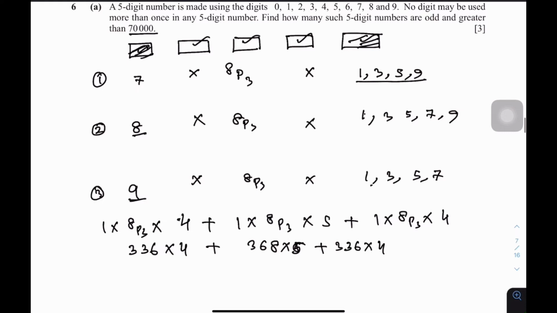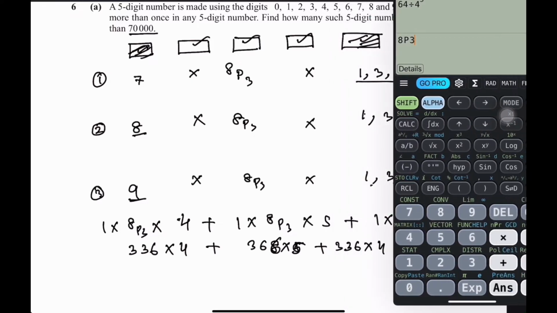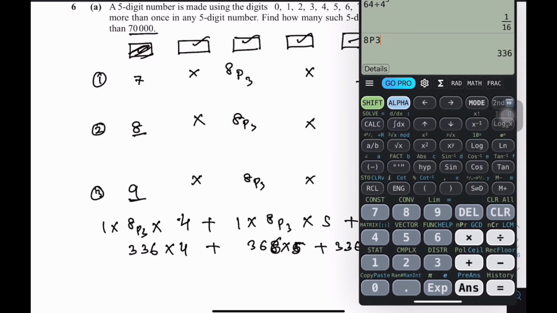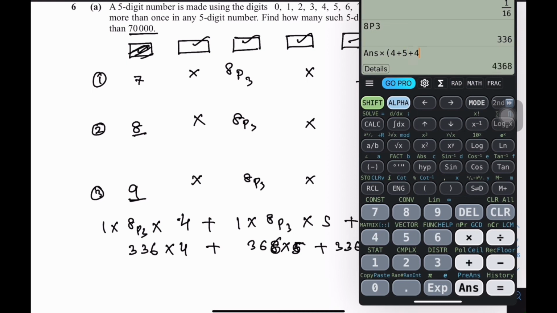So we can add all this: 336 into, bracket, 4 plus 5 plus 4, close the bracket, it is 4,368.